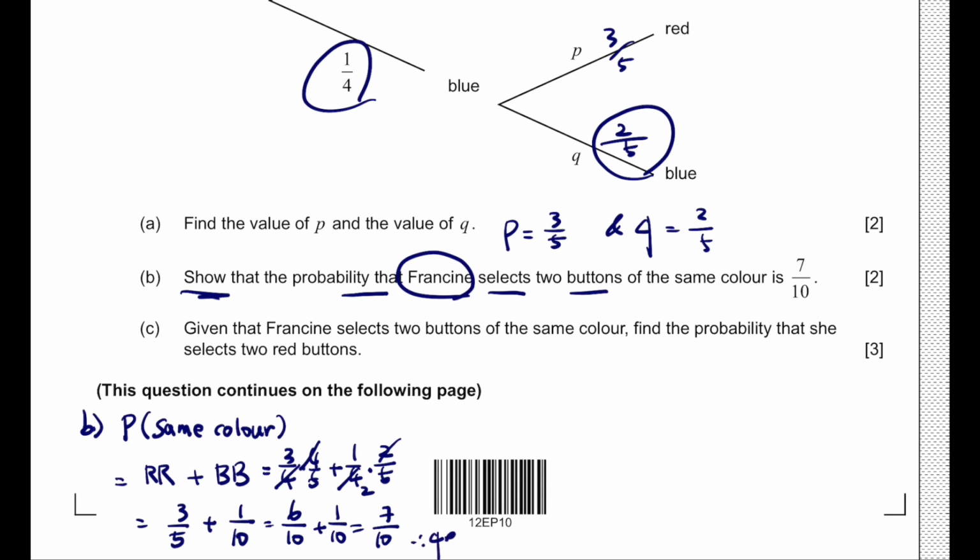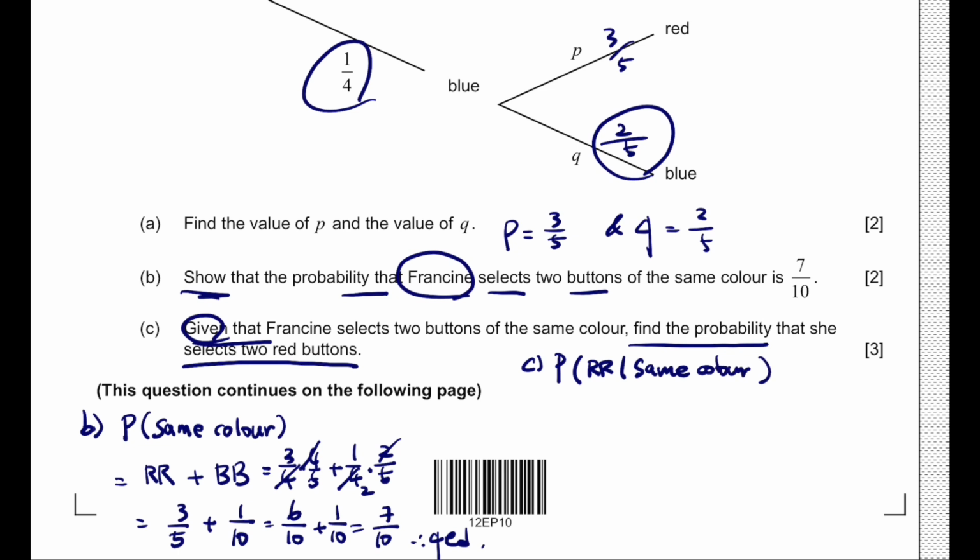So it's QED. Then question C, we need to find the probability that she selects 2 red buttons given that Francine selects 2 buttons of the same color. So we have to do conditional probability. For question C, we can say the probability that Francine selects the 2 red buttons, so red, red, given that the 2 buttons are the same color.